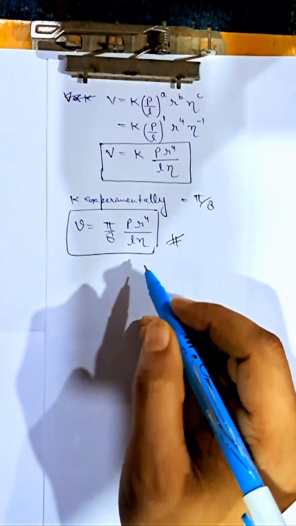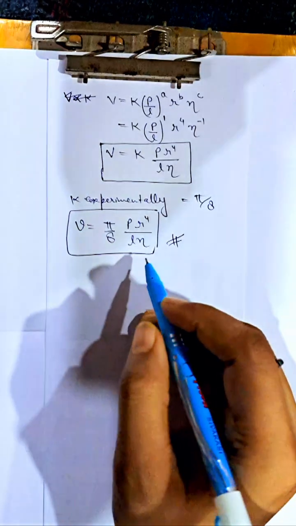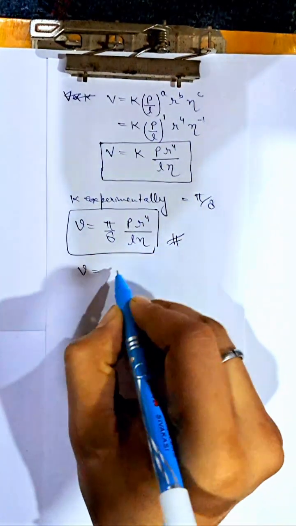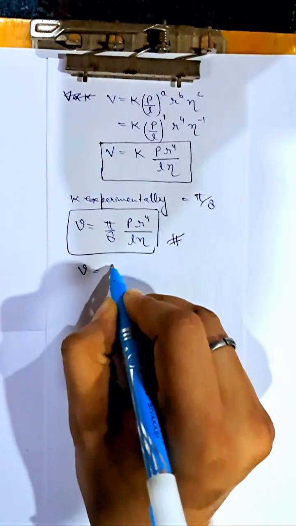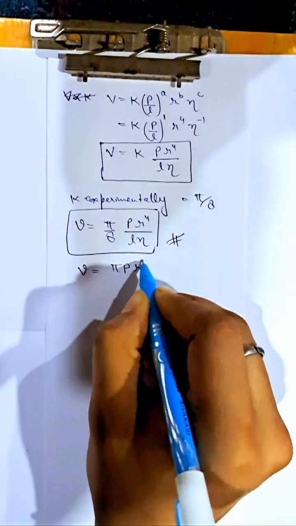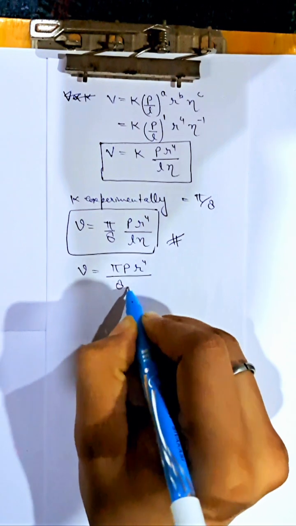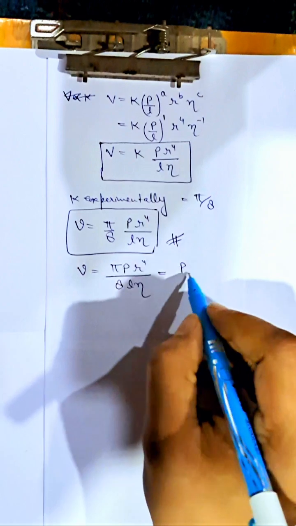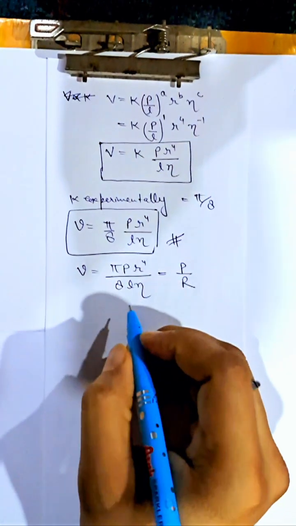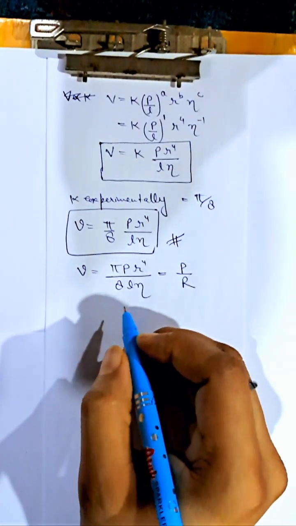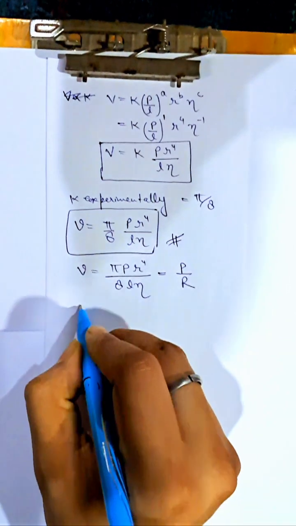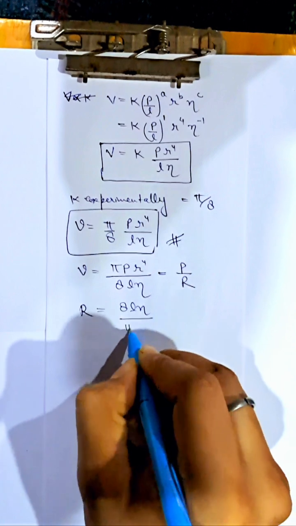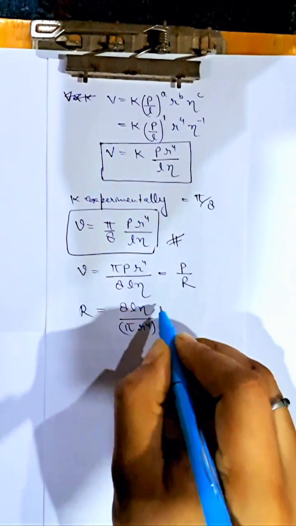So this basically depends on, we can rewrite as pi P R^4 / (8 L eta), let it be pressure by R, where R could be considered as 8 L eta by pi R^4.